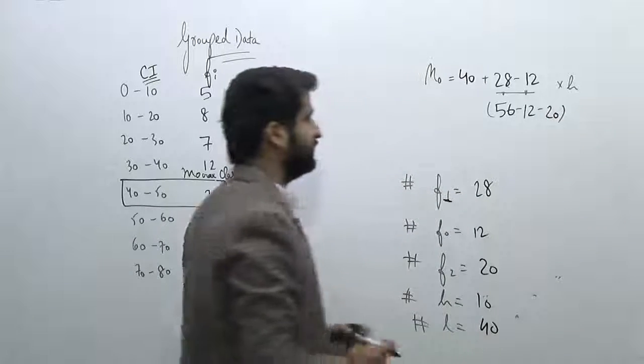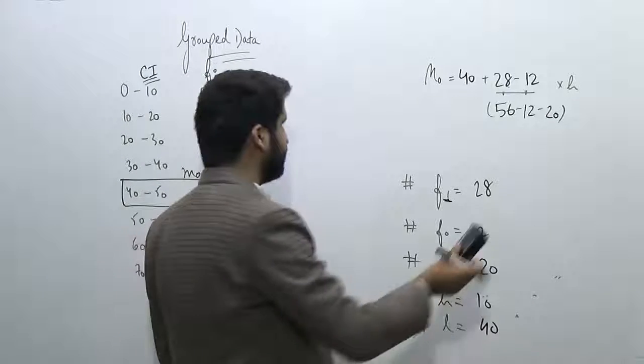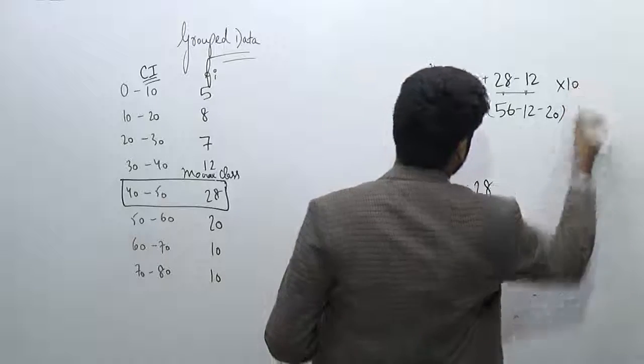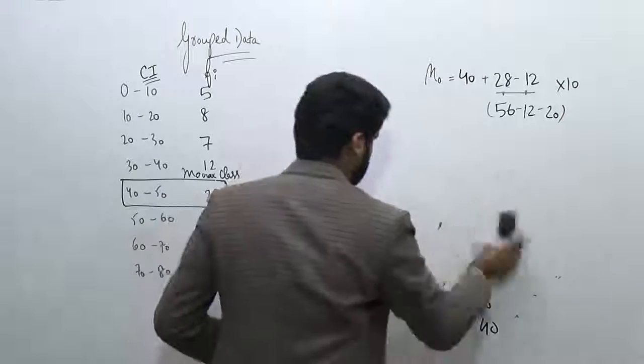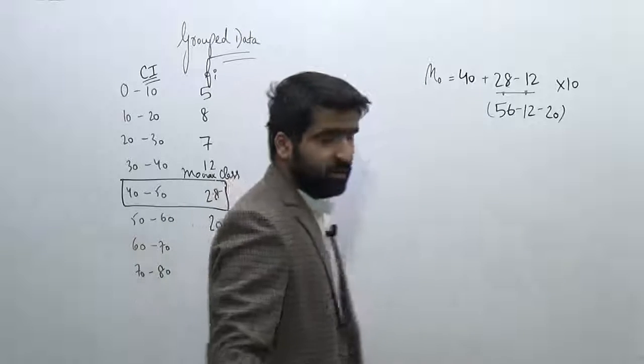These are the values which I am getting from here. You just need to solve this one, and the value of H, of course, is the same class width, equal to 10. So I got all the values just by finding out the modal class.